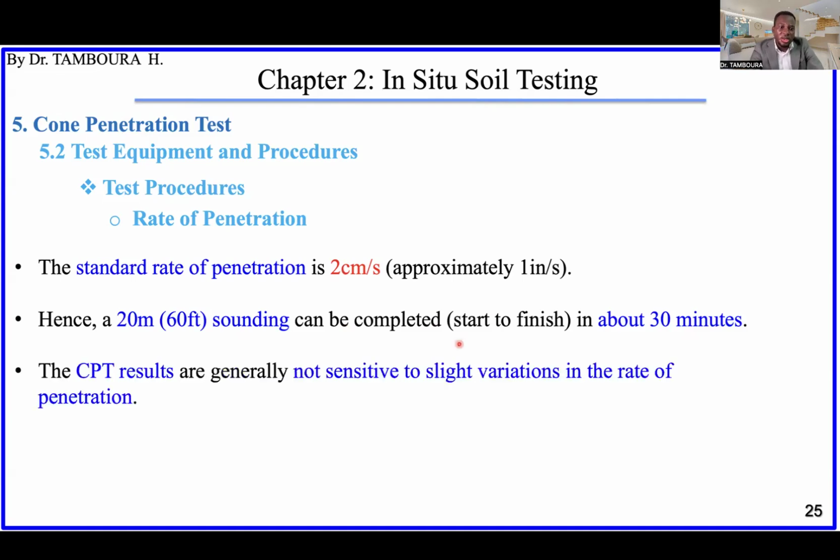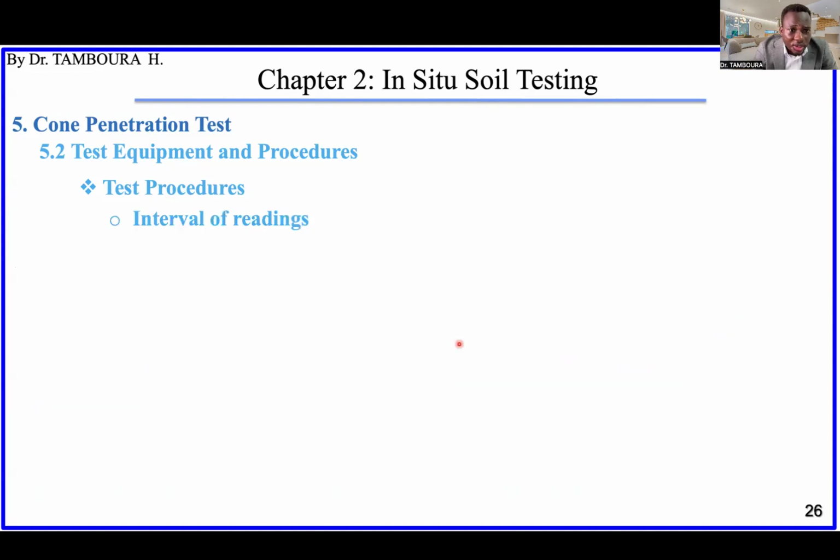CPT results are generally not sensitive to slight variation in the rate of penetration. If the rate of penetration is changing, but not too much, then we can still consider that the result is not affected.